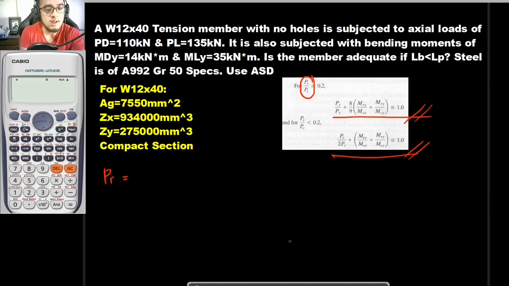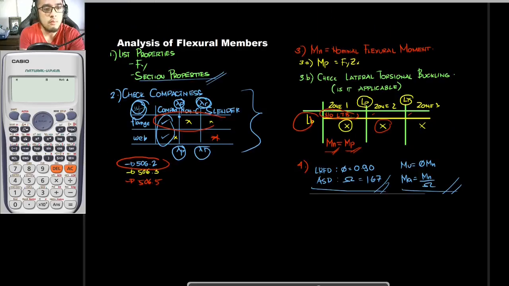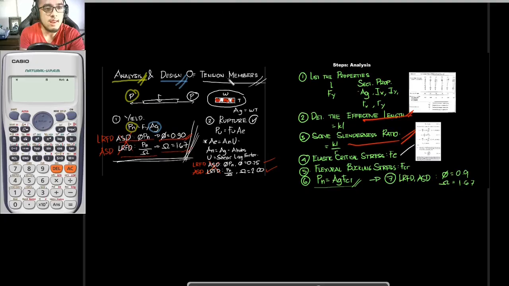And since it is said here that our tension member has no holes in it, and if we go back to our lesson before in the analysis of tension members, we are to consider limit states such as yielding, gross sectional yielding, and net area rupture.